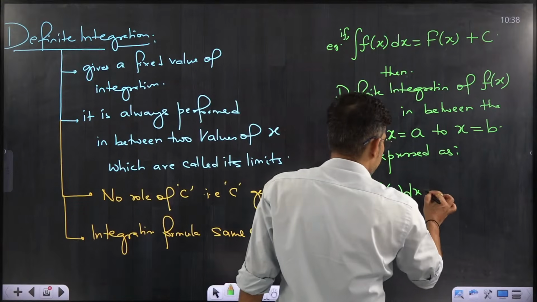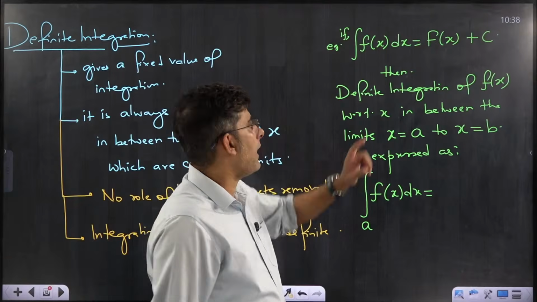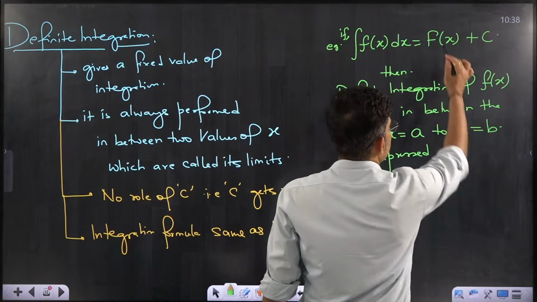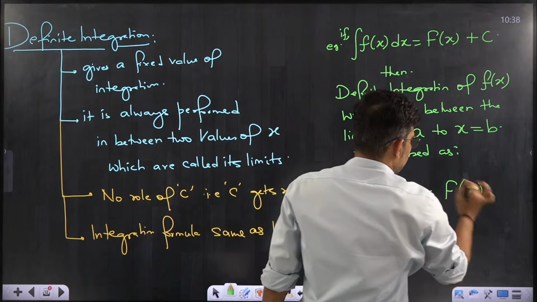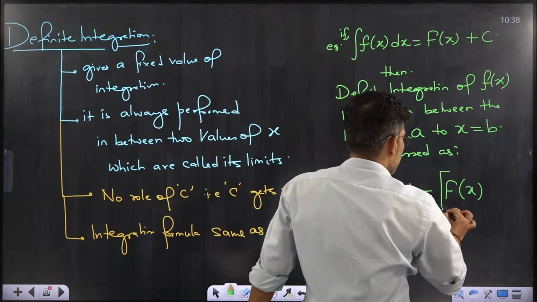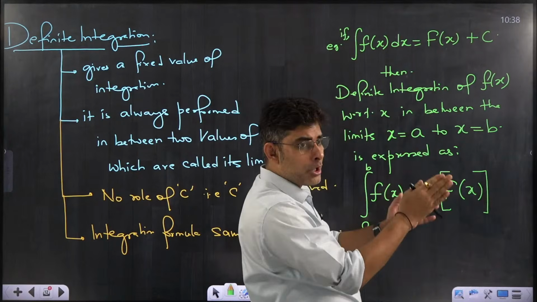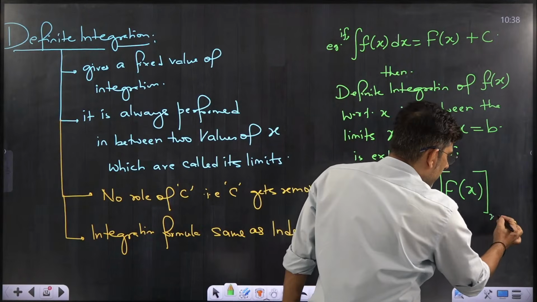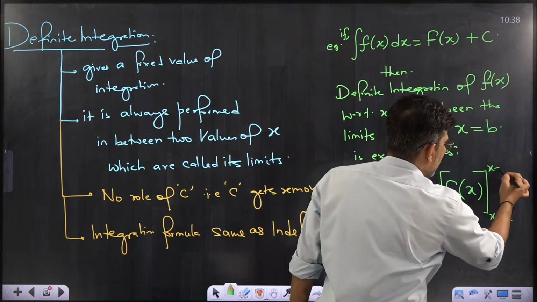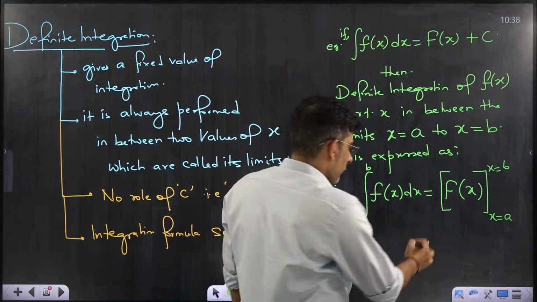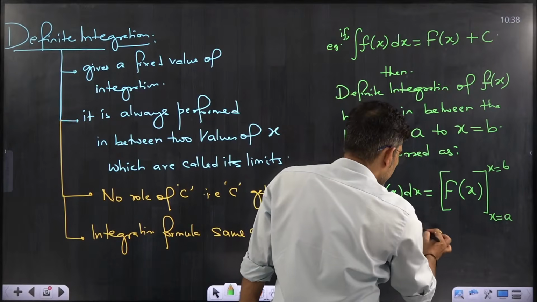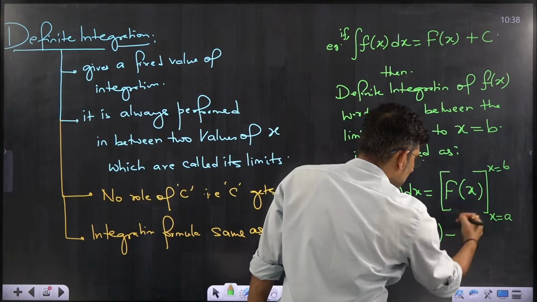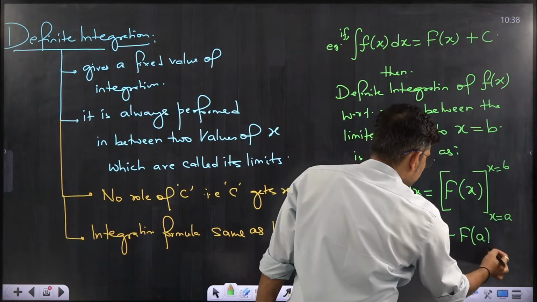So a to b. Now on the right hand side, as I said, there is no role of c. Whatever function you got in indefinite integration, exactly that you will write. Then you will put one by one the values of x over here. First always we put the upper limit, means first you will put x as b and then you will put x as a.